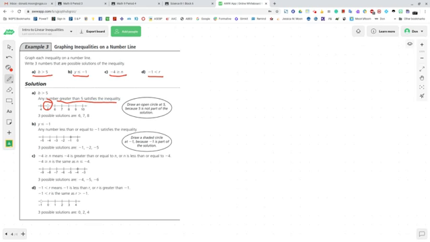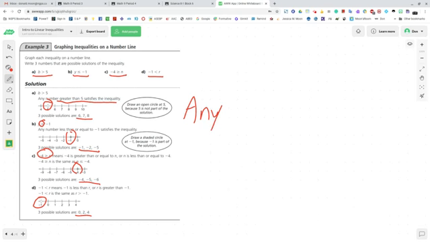Whenever, of course, we see the greater than or less than and equal to symbol put together, we fill in the circle. All right, so each one of these models this example right here. This is important as we move forward that you understand this. Okay, and then of course we list our 3 possible solutions under each one. Now these are just possible solutions. You can have any number in there, decimal numbers, fractions, those types of things.